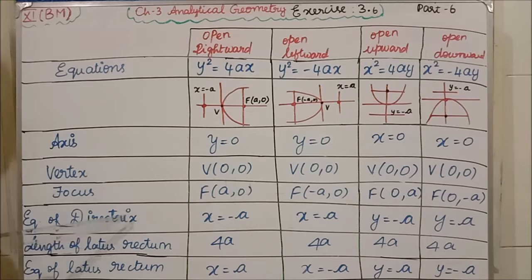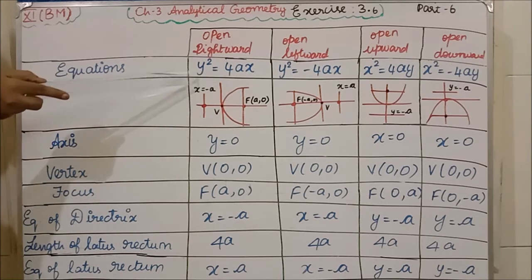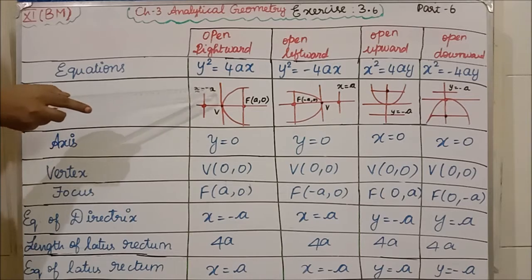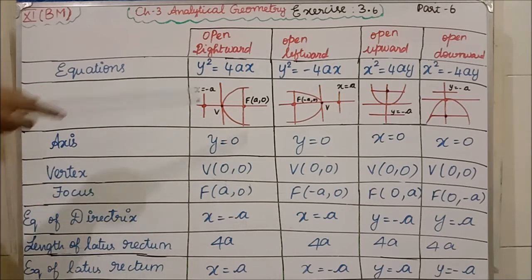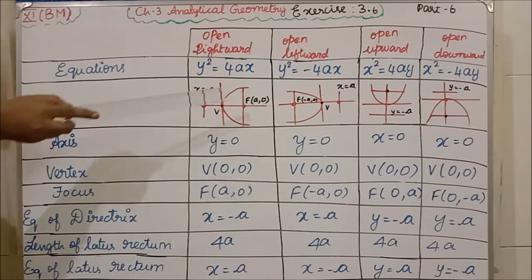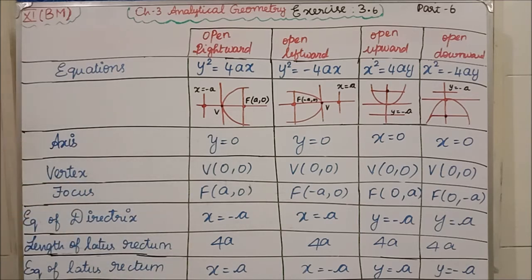If the focus is a comma 0, then the equation of the directrix is x equal to minus a. The length of the latus rectum is 4a. Equation of the latus rectum is x equal to a. Clear all of you?